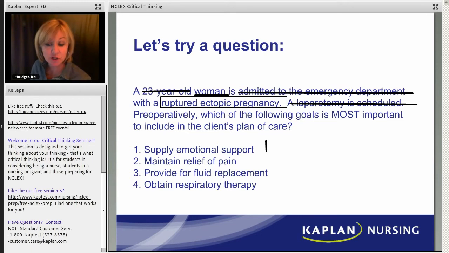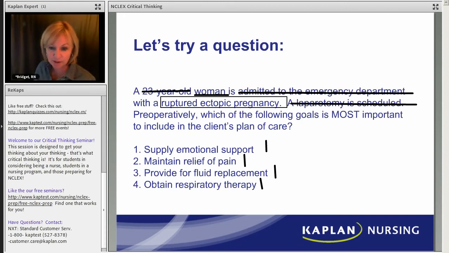That's an intervention also. Provide fluid support. That's an intervention. And number four says obtain respiratory therapy. That's an intervention. All right. So they're all doing something for a ruptured ectopic pregnancy. That is good because something bad is happening to this person and we want to do something. We didn't need any more information, did we? We just wanted to do something.